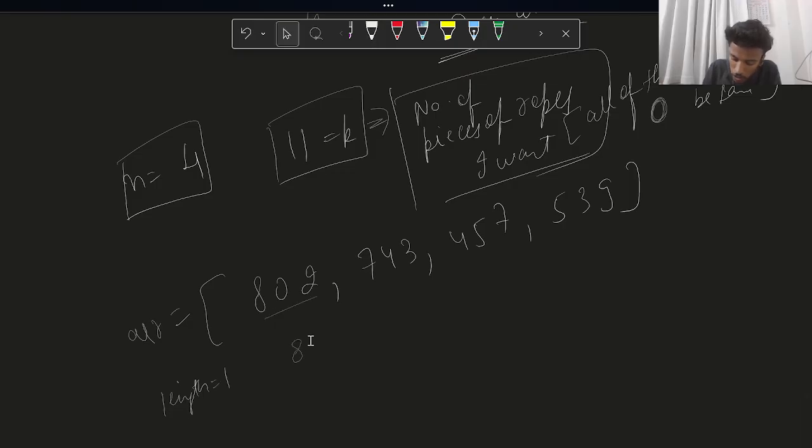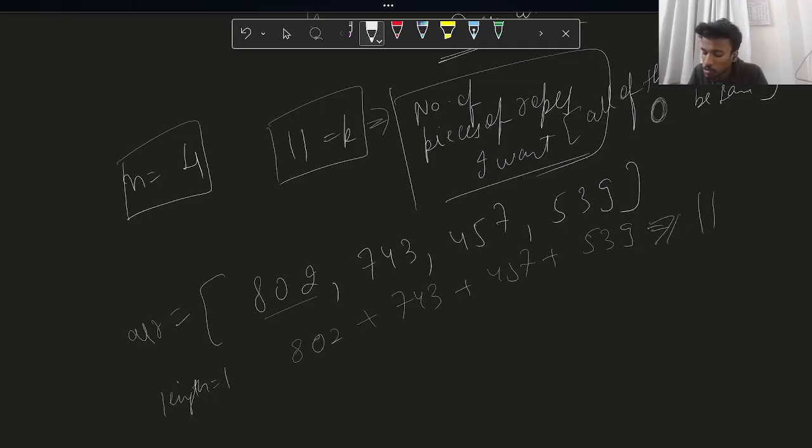Then we can make 802 pieces out of this, plus 743 out of this, plus 457 out of this, plus 539 out of this. All of this sums to greater than or equal to 11. If the sum is greater than or equal to 11, then we can accept this length.